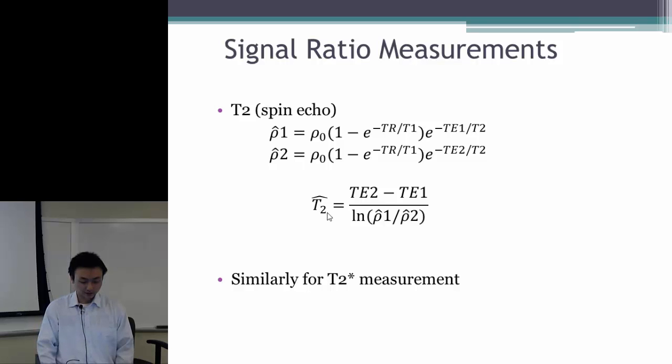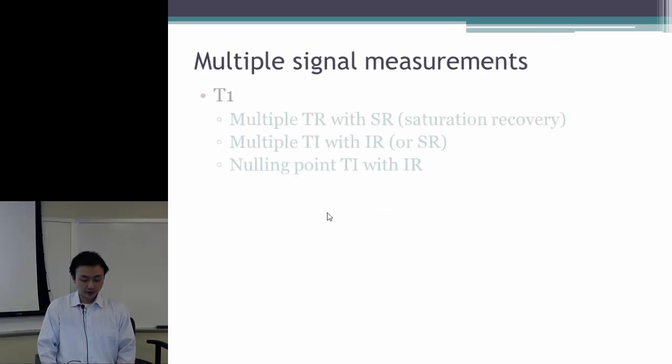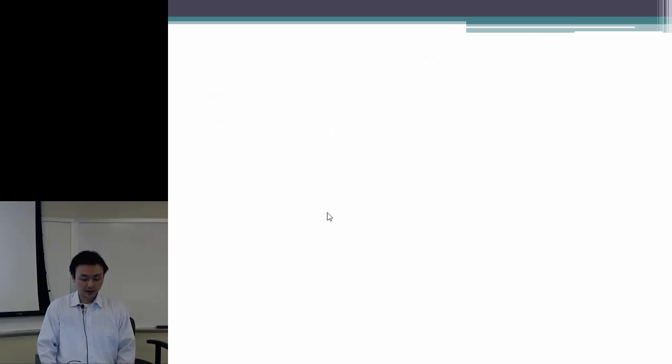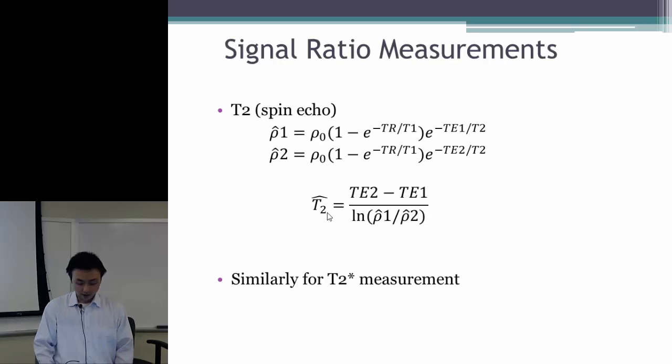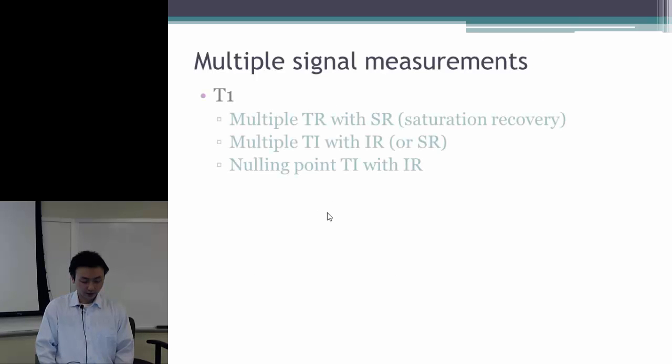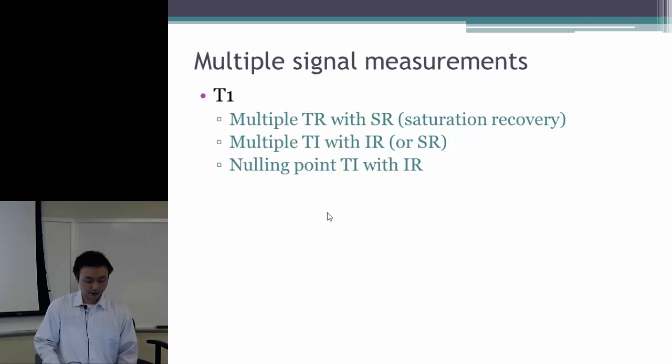The advantage of this method is that it's simple, easy to obtain, and quick. It only requires collection of two data points. But it can be more easily affected by noise, and the error may also be quite large if we are not very careful about the setup of the experiment.